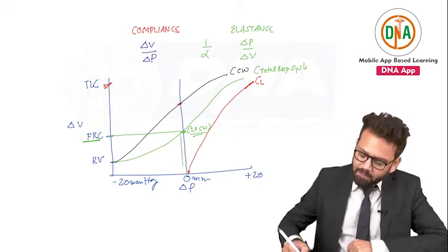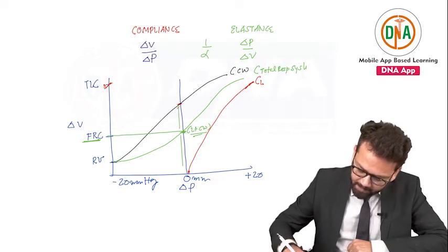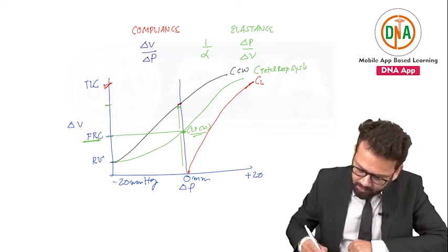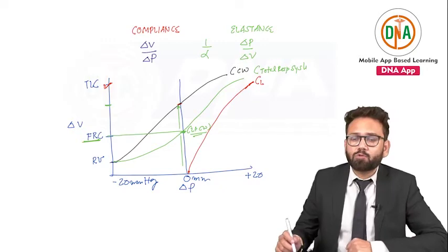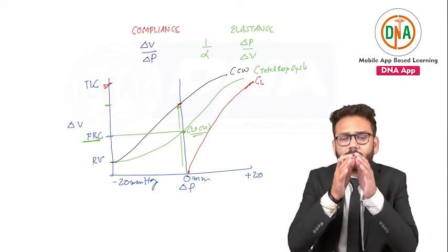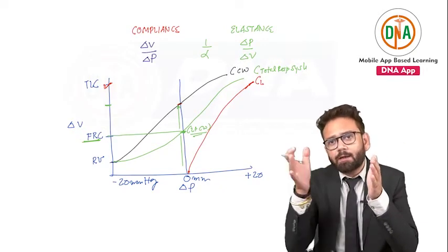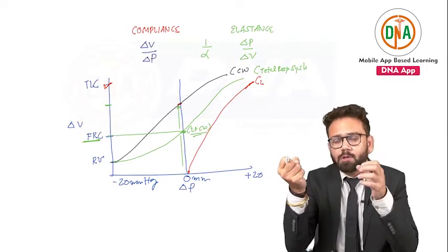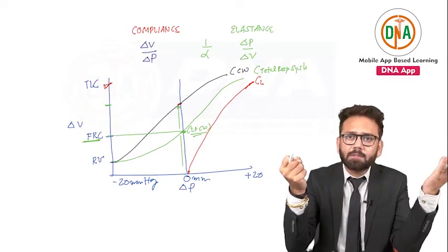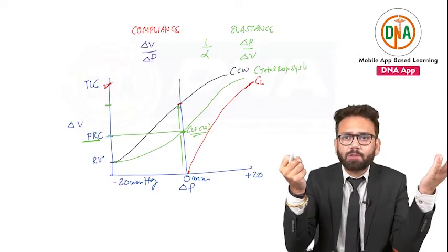And if we put the thorax separately, it will expand to 60% of total lung capacity. So when lung and thorax are together, it is functional residual capacity. When lung is separate, 0. When thorax is separate, it is 60% of total lung capacity.